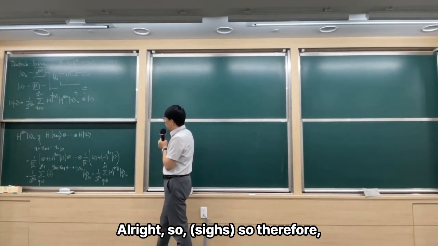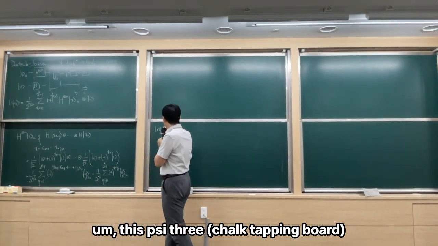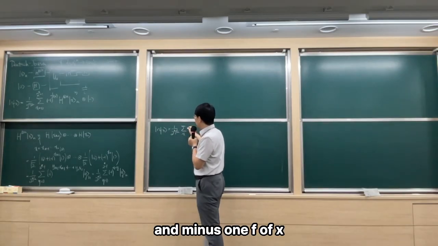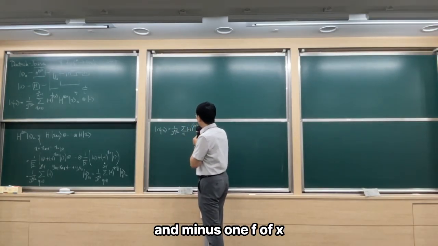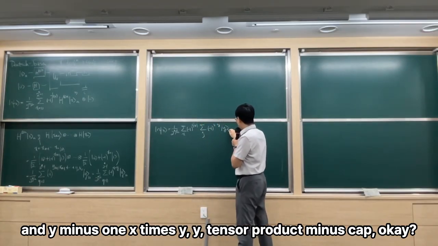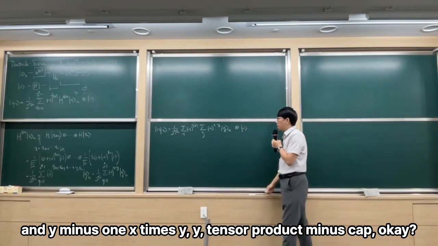All right, so therefore this psi 3 is now becoming 1 over 2 to the n over 2, sum over x of minus 1 to the f of x and sum over y of minus 1 to the x times y, ket y, tensor product minus ket.